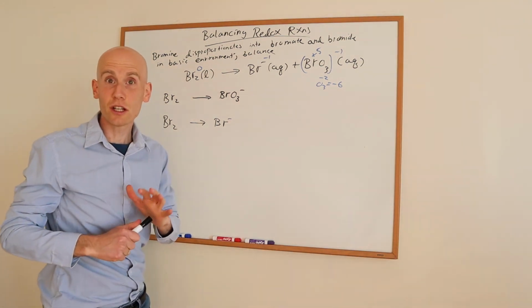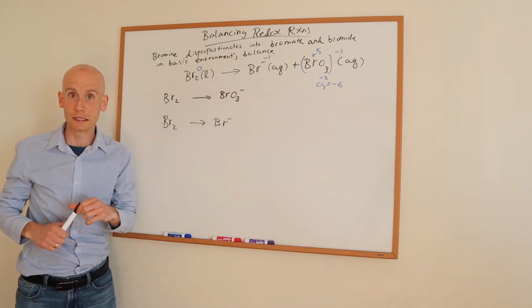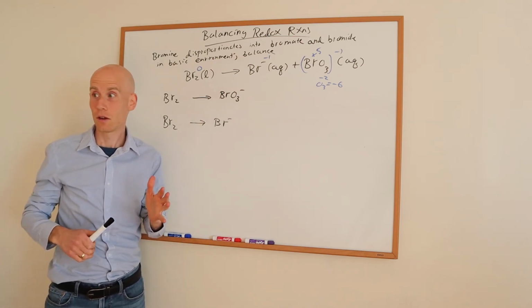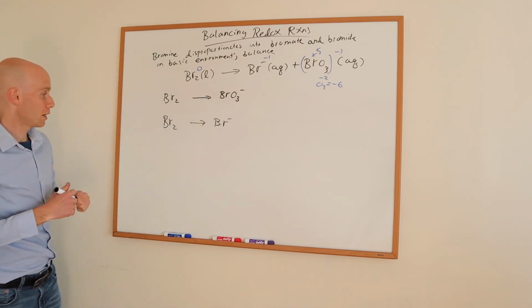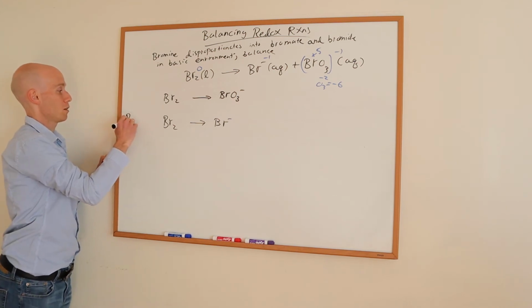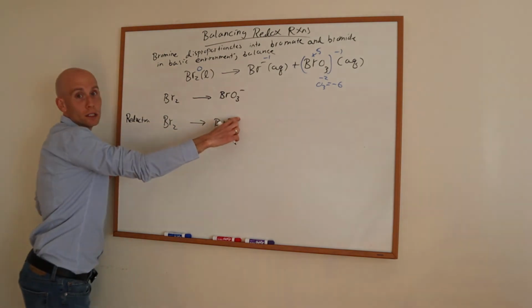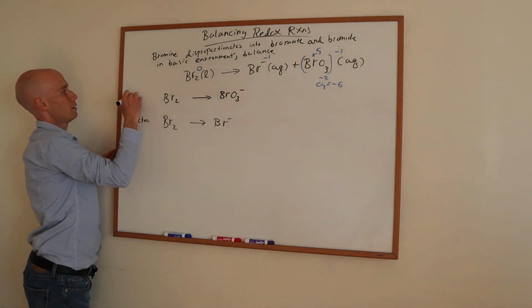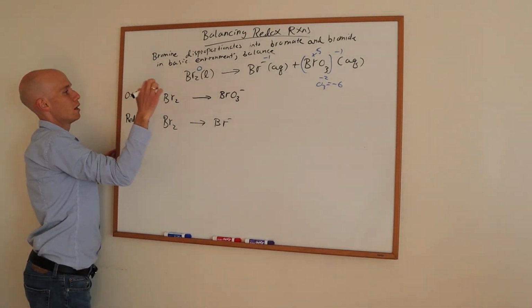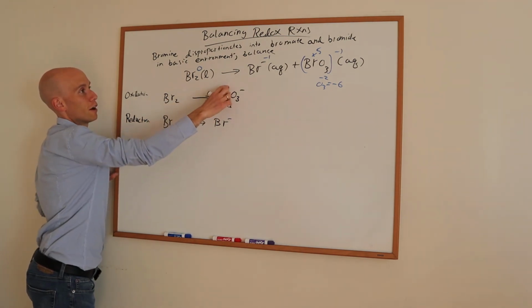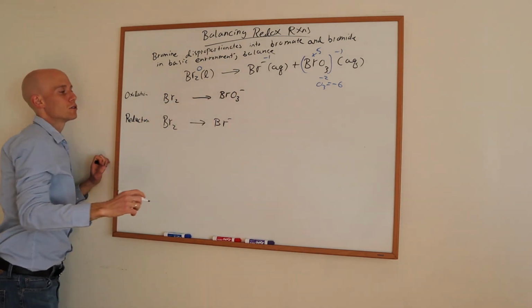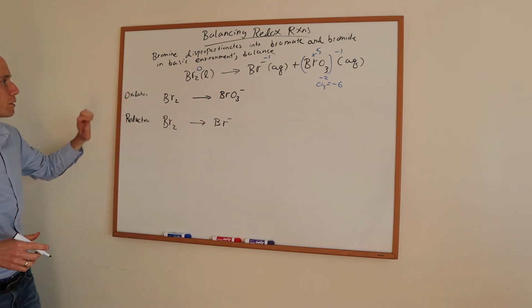Which one is the reduction and which one is the oxidation? What do you think? Okay, so again, this here will be the reduction. I went from 0 to -1, and this will be oxidation. I went from 0 to +5. Okay, so that's how that would work.